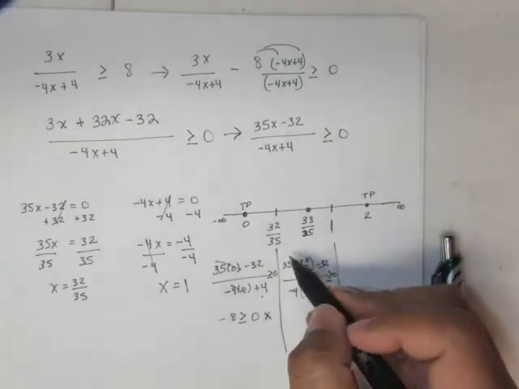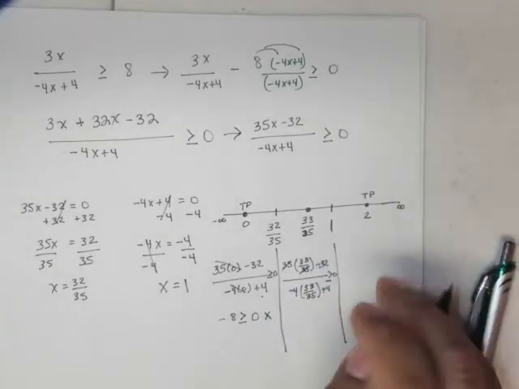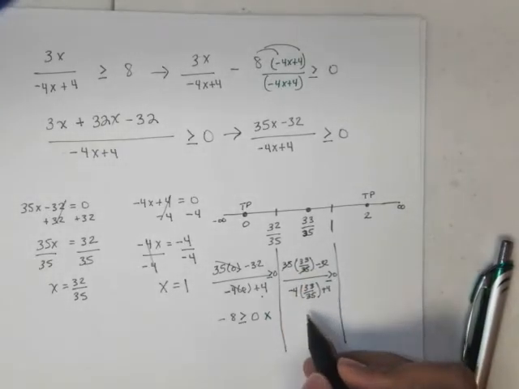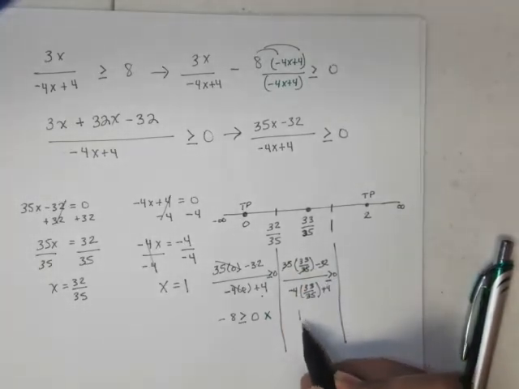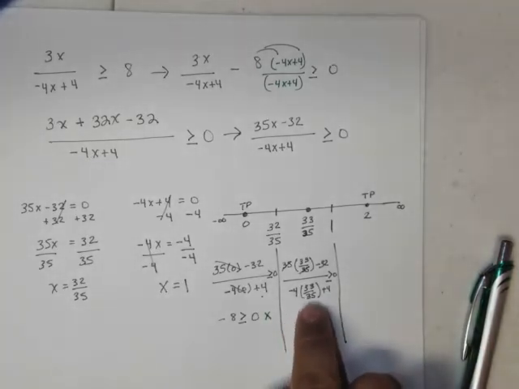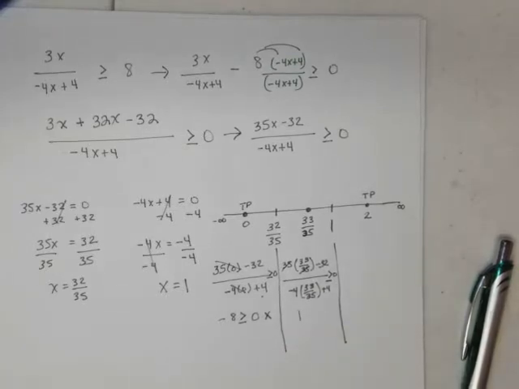Now this right here would cancel. We've got 33 minus 32, which is 1 on top. Now this next part is going to give us a fraction. So let's see what the equivalent is there.